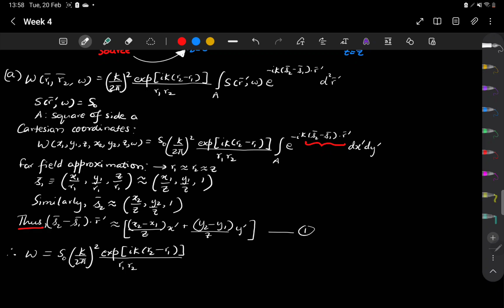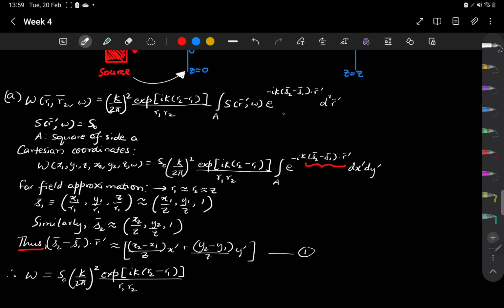But inside this exponent i k (R2 minus R1), both R1 and R2 can be comparable, so we cannot replace that with simply 0, because in the phase, small changes can cause significant changes in the result. Similarly, we are not substituting it down in the denominator because there's not really any need. We substituted it inside this integral because we wanted to simplify our integral.